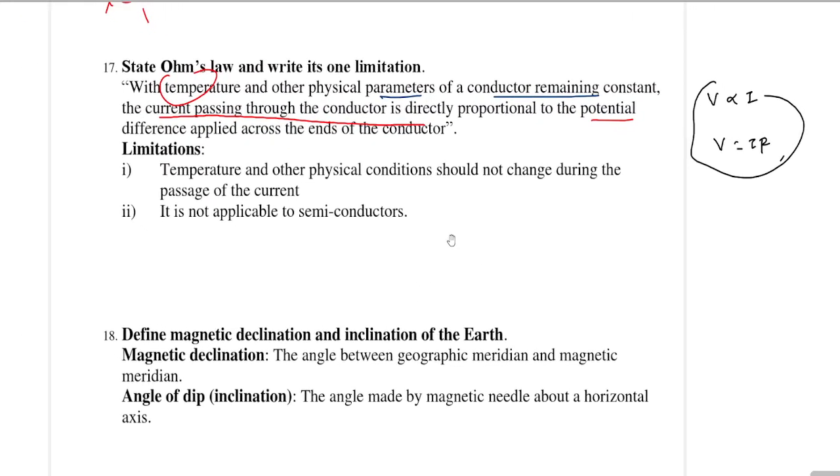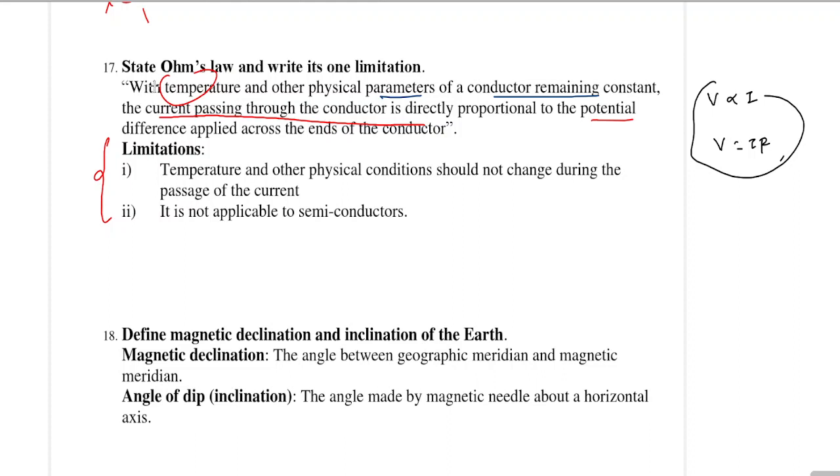As I told earlier, limitation itself could be asked as a 2-mark question. So at least learn 2 limitations. Here 1 is sufficient, but at least learn 2 because this could be a 2-mark question. The first one is already given here.